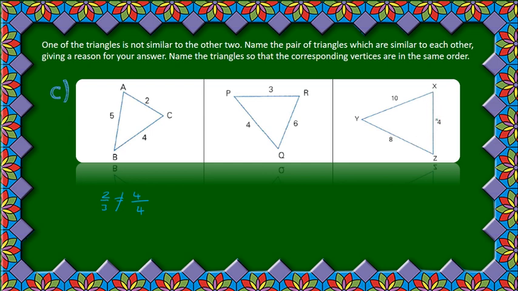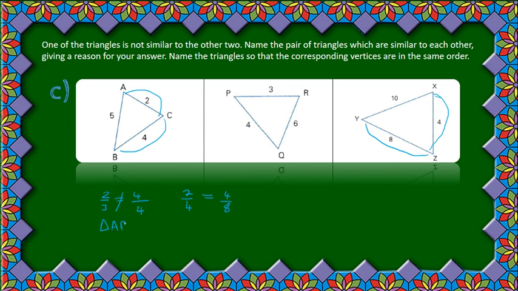Over here, our smallest is 4, then 8, then 10. So let's put AC over this one's smallest, which is 4. That's 2 over 4 equal to the second, 4 over 8. Both of these proportions are equal because this is a half and that is a half. And this 5, doubled, gives us also 10. So these two triangles are similar.